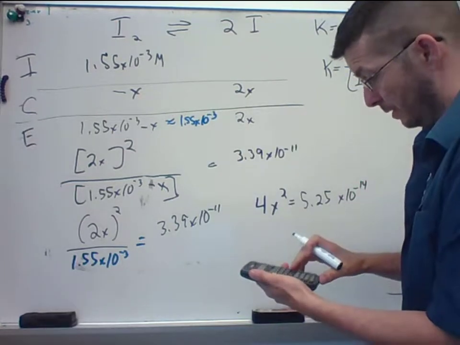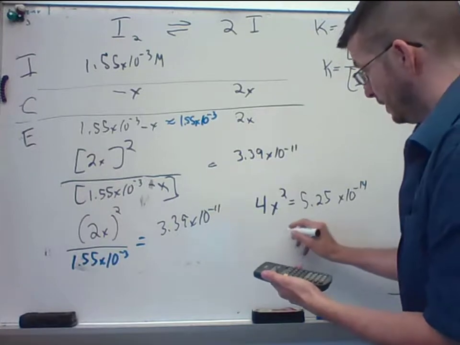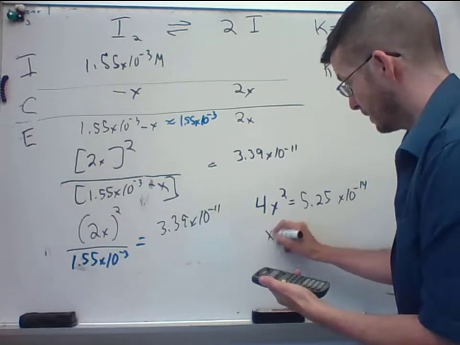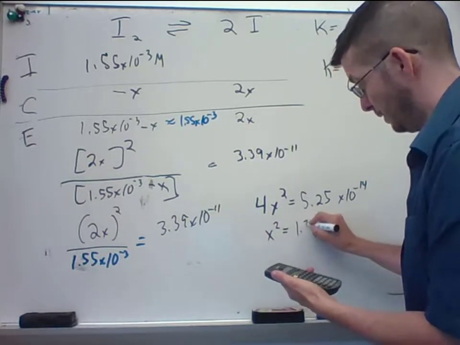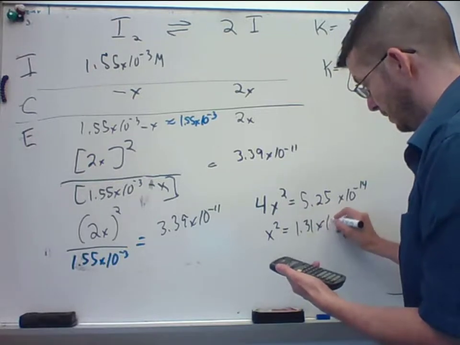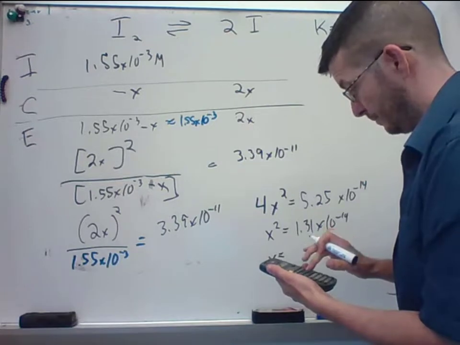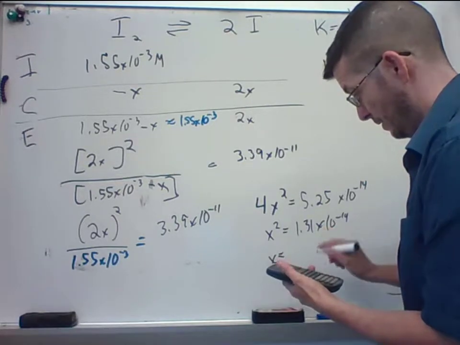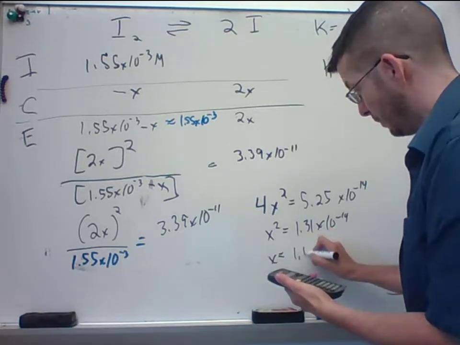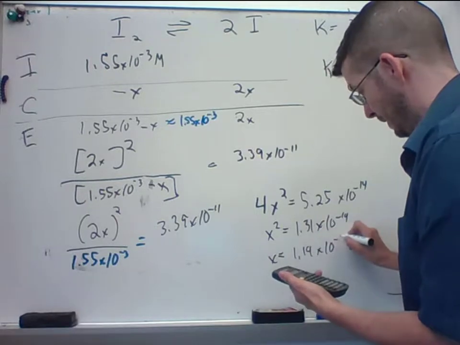And we can divide by 4. This becomes x squared is equal to 1.31 times 10 to the minus 14th. And then x is equal to, take the square root of both sides, 1.14 times 10 to the minus 7th.